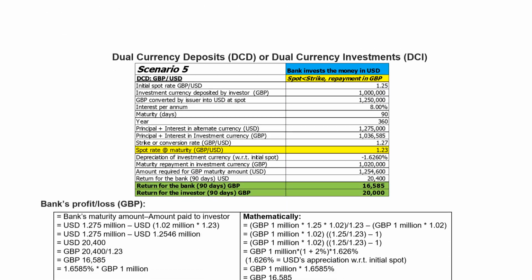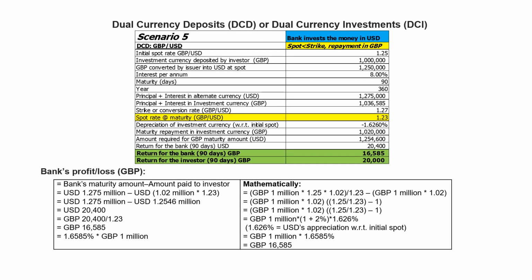The GBP equivalent of the gain for the bank is 1.6585% into GBP 1 million, which is equal to GBP 16,585.